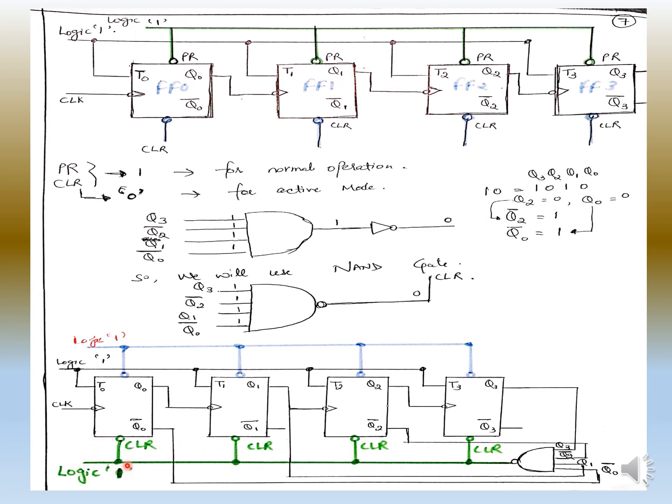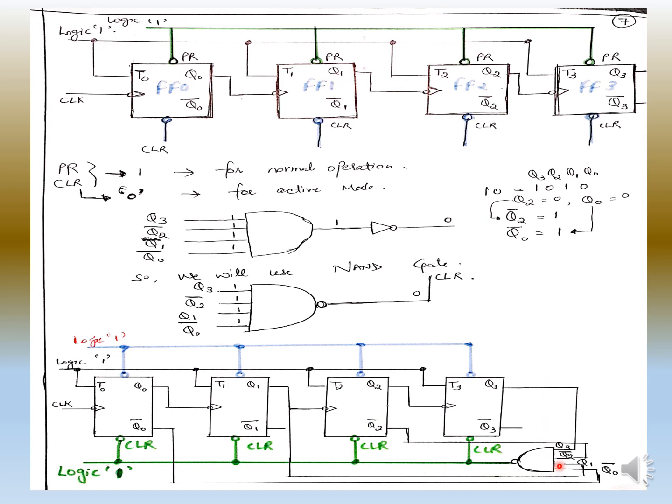Basically, when this circuit is going to count the 10th state, the output will go 0, then the clear will come in active mode and it will reset everything to all 0. Otherwise it is logic 1. You understand this? So there is no need to make the full diagram, just show this diagram to show the working of the mod 10 counter.